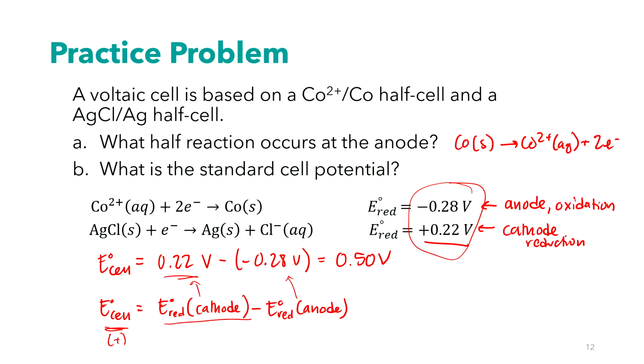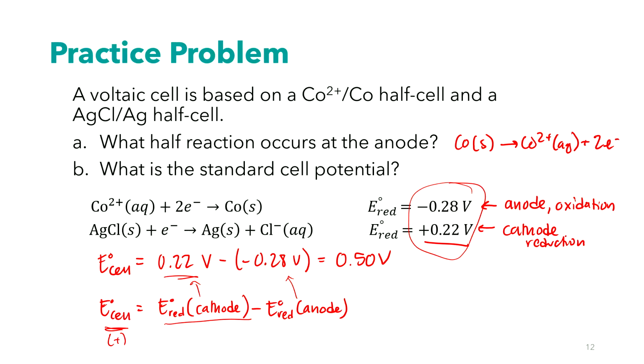Another thing I want to point out to you that you might have gotten tripped up on, which you probably didn't think about, but I'm going to say it anyways, is when I balance this reaction, if I wanted to hook these two together and make a balanced redox reaction, I would have needed to multiply my second equation there by 2. My cobalt provides 2 electrons, but my silver chloride only accepts 1.